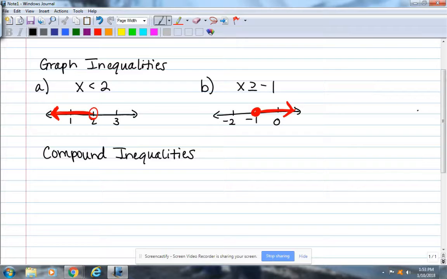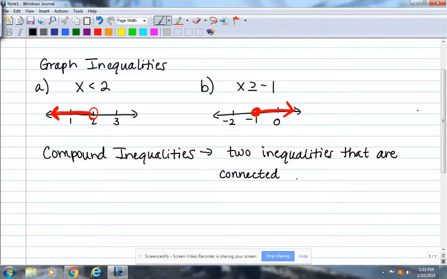Well, a compound inequality is when you have two inequalities that are connected by the words and or or. I know it's something we discussed in Algebra 1. So we have and compound inequalities and we have or compound inequalities.